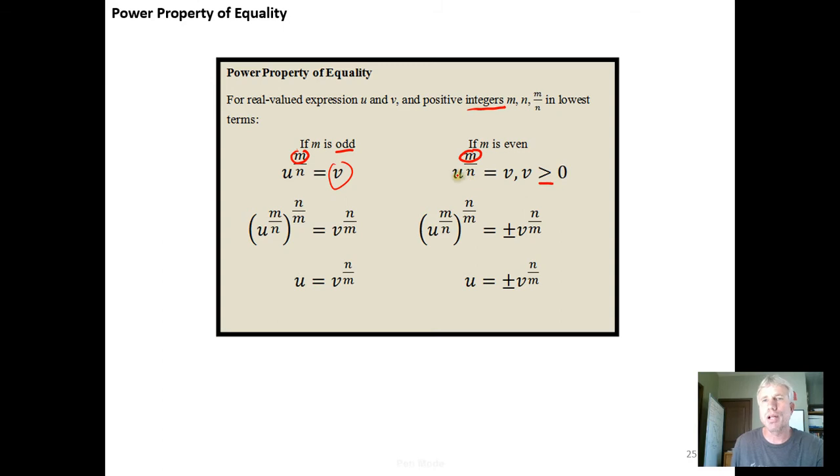And second, because we're raising it to an even power, we're going to get the positive number that works, but we're also going to get the opposite of that number working as well. So in the solution process, when we raise both sides to the n over m power to get our exponent of 1, multiplying by the reciprocal, we need to put the plus or minus right away.